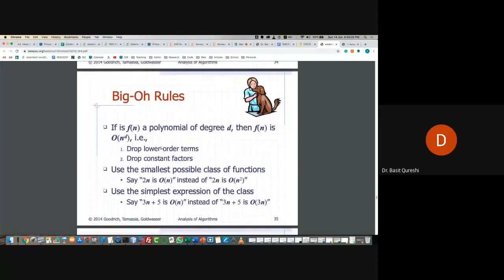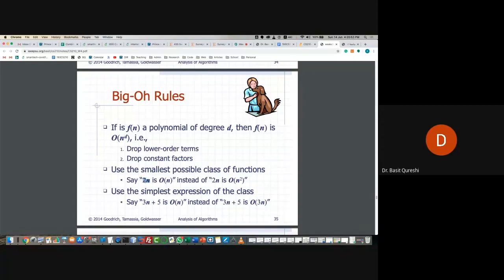Now formally, these are the rules for big O notation. If f of n is a polynomial of degree d, then f of n is big O of n to the power d. For example, if I have 2n, I will say this is big O of n because I'm going to drop the constant.